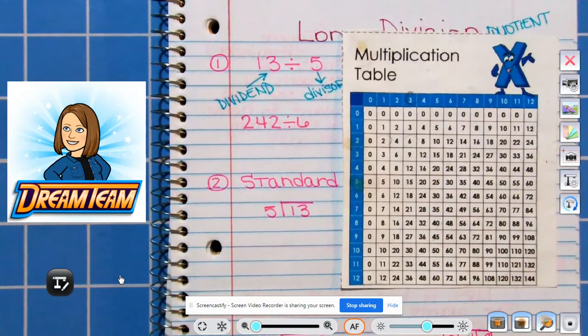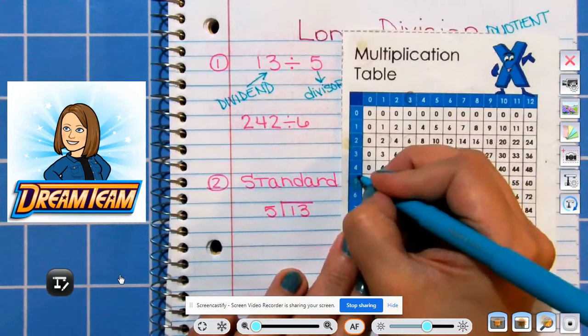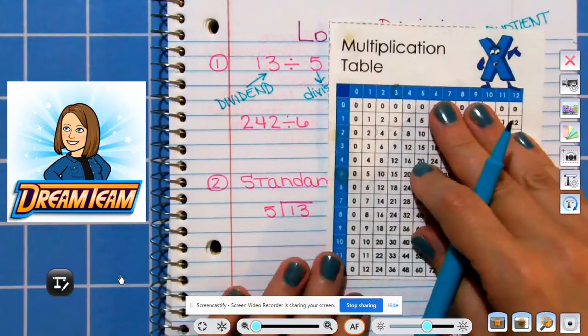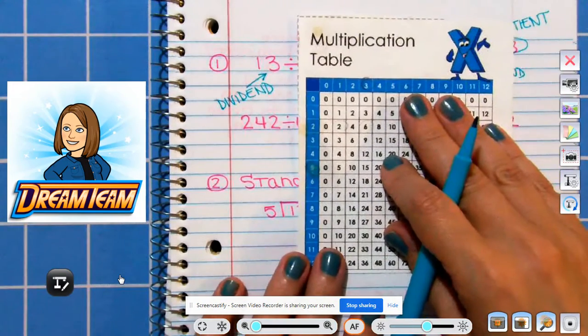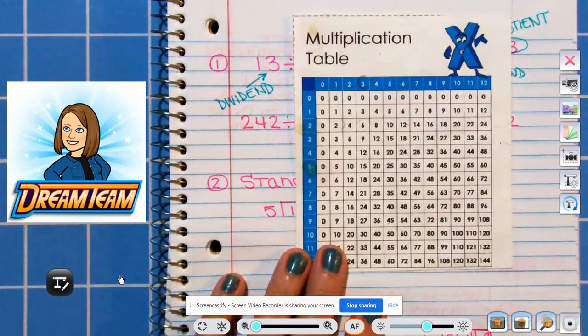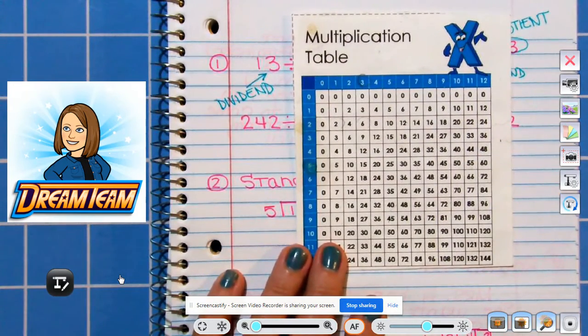13 divided by 5. So we're going to use our row of 5s. And the first thing I had you guys do was cover up the digit that you didn't need. We only took it 1 digit at a time. So we're going to look at this digit 1.